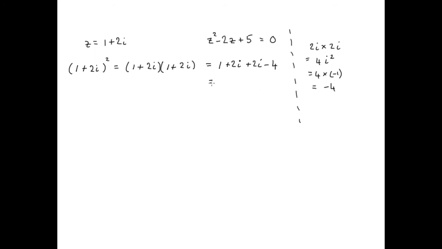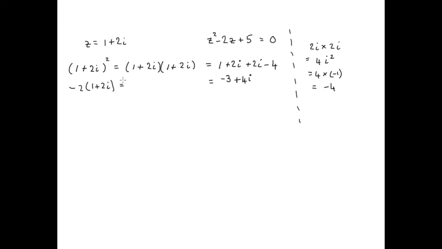So we've ended up with 1 minus 4, negative 3, as the real part of z squared, and 2i plus 2i is 4i, 4 being the imaginary part. So we've got negative 3 plus 4i, one complex number, z squared. Minus 2z, we can have a look at that.